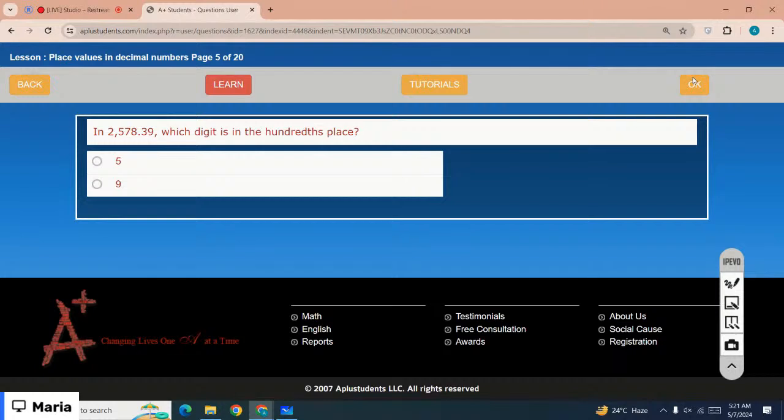In 2578.39, which digit is in the hundredths place, which is the correct option?